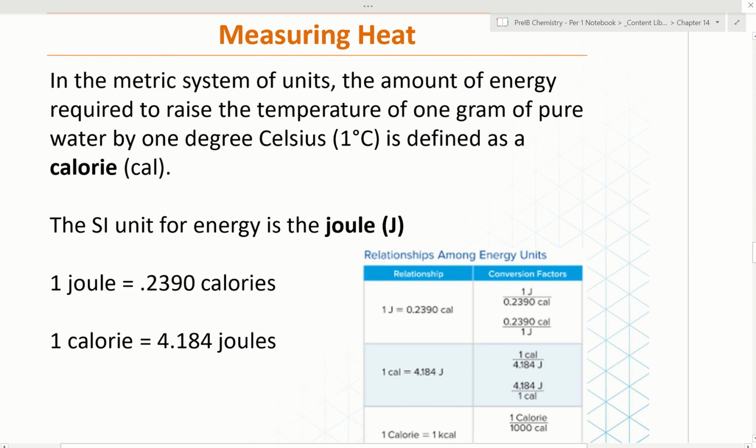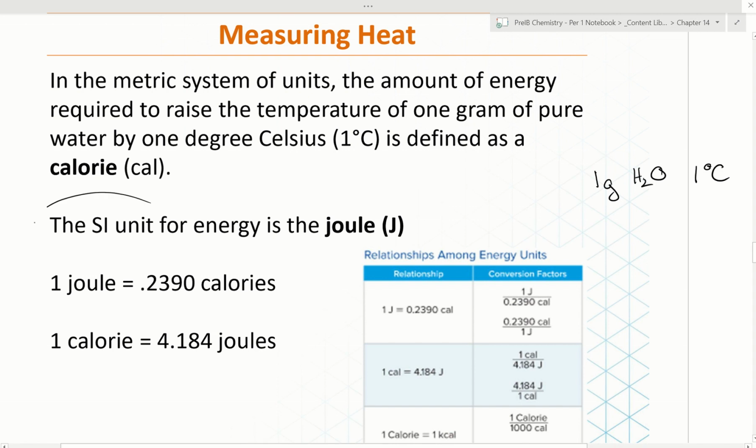In the metric system of units, the amount of energy required to raise the temperature of 1 gram of pure water 1 degree Celsius is called a calorie. So if it's the amount of energy for 1 gram of H2O to increase 1 degree Celsius, that is 1 calorie. That's in the metric system.